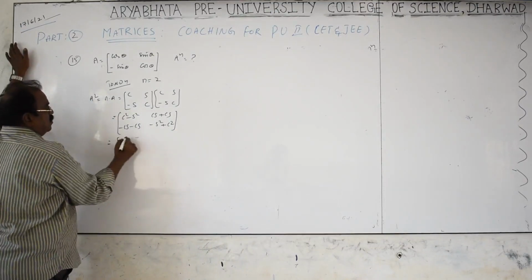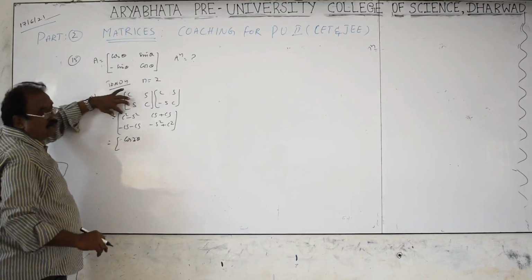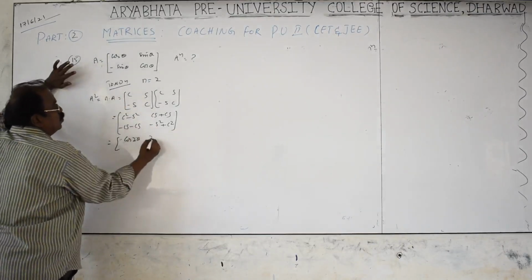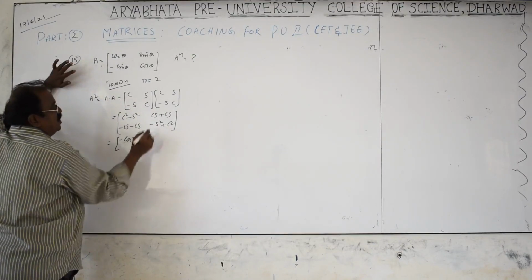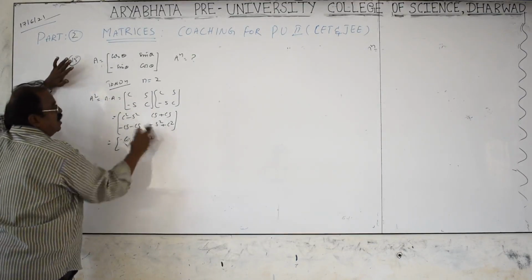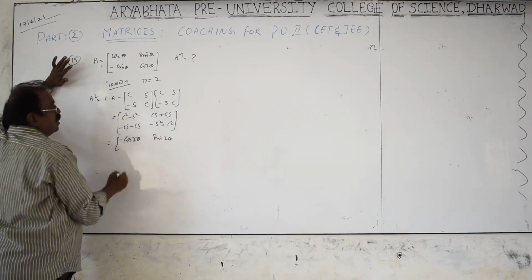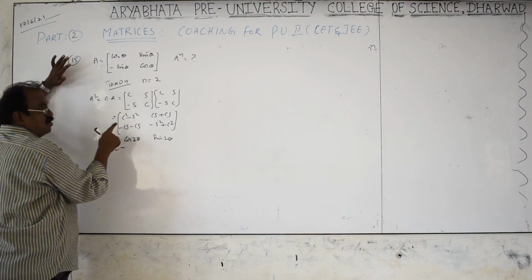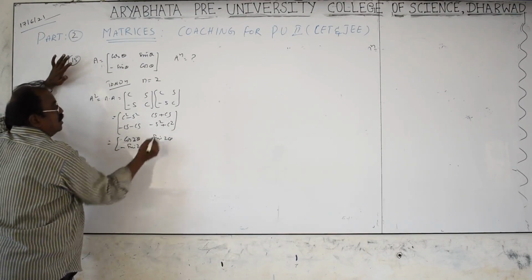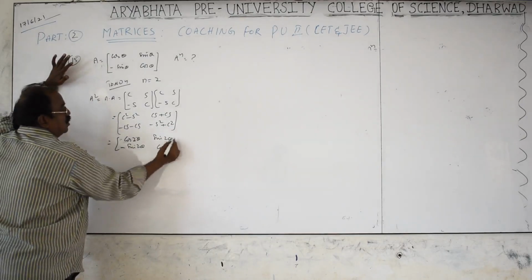The formula is cos square A minus sin square A is cos 2A. Here the other entries are 2 cos theta sin theta, which is sin 2 theta, with a minus sign in the other position. The last entry is also cos square theta minus sin square theta, cos 2 theta.